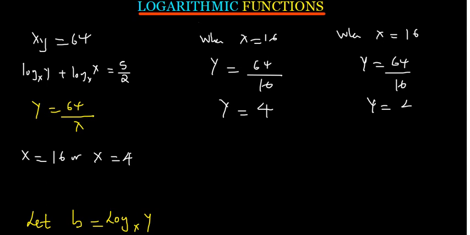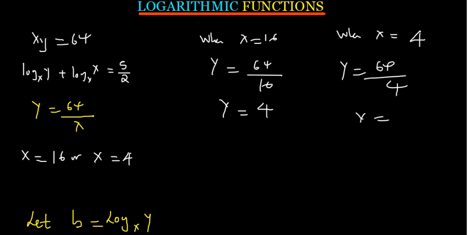Or maybe it's my punching which is wrong. How many times is 16 going to 64? That's the one giving us 4, right? I've both gotten 16, so one I'm supposed to get a 4 instead of 16 for both sides. So for this one I'm getting a 4, and y is going to be 64 over 4. Y is going to be now 16.